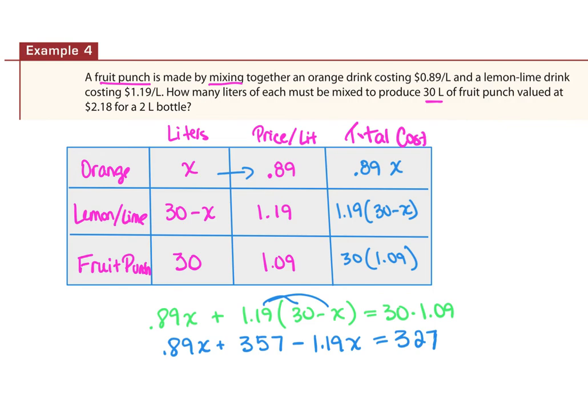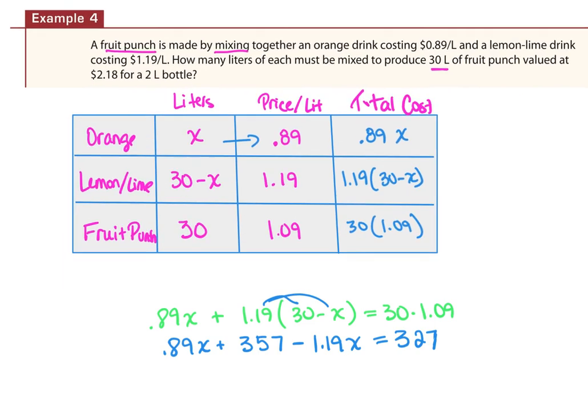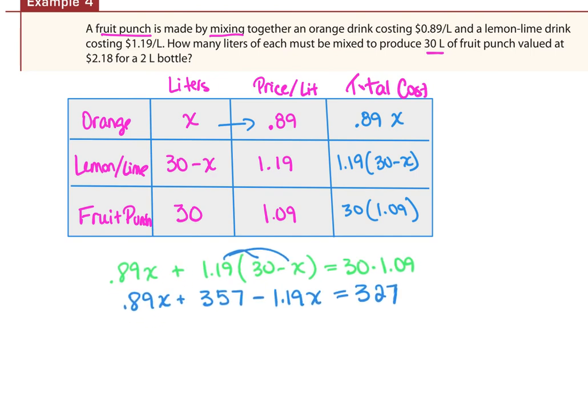Combine my like terms. What are my like terms over here on the left-hand side? 89 cents. Yeah, my 89 and my 119. I'm actually going to get a negative number, but that's okay because I'm going to end up with a negative over here. So I do this minus that. This guy's going to be negative. Is it 0.30?